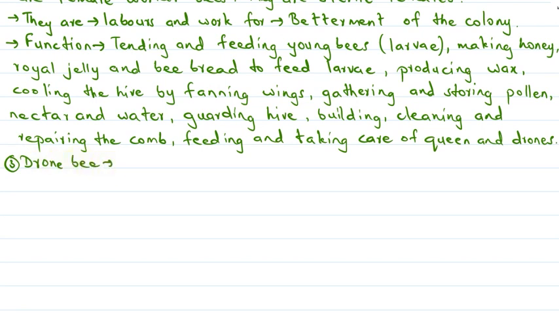Drone bee. So drones are what? They are haploid. Okay, so there is only a single set of chromosomes.